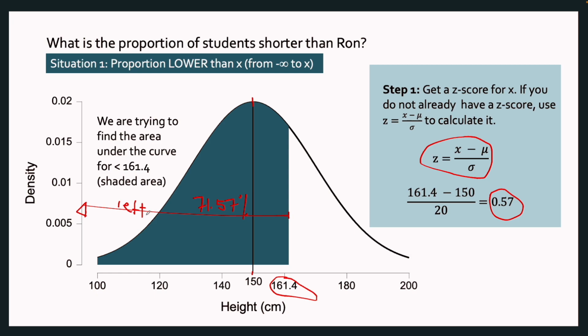It will always show you from this point all the way to the left. Right? So this answers directly our question here. So we need to say 71.57% of students are shorter than Ron. Right, so that answers the first question that we have about what is the proportion of students shorter than Ron.